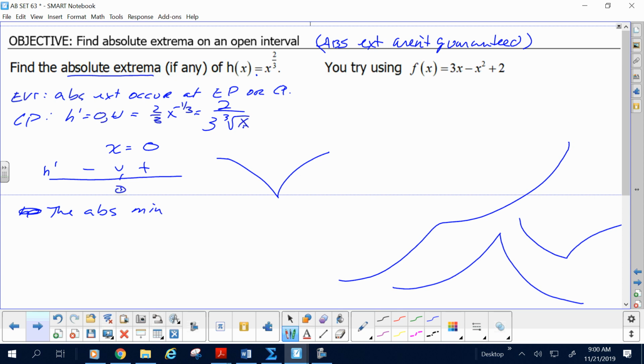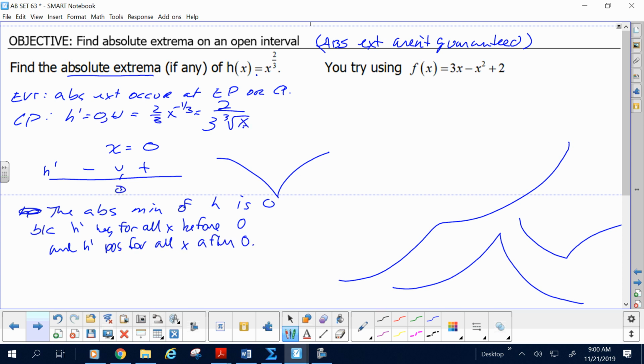The absolute min of h is 0 because, this will be like the first derivative test, but a little more powerful language, because h prime is negative for all x before 0, and h prime is positive for all x after 0.